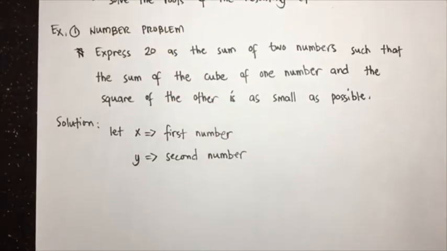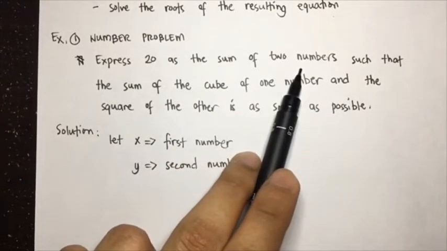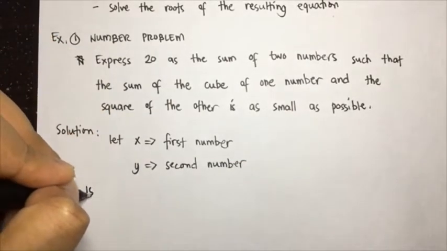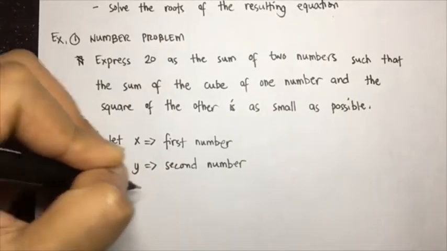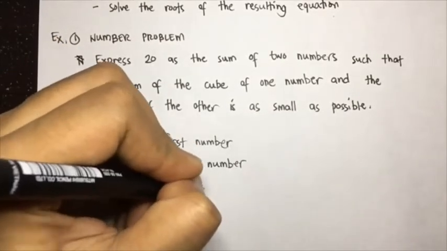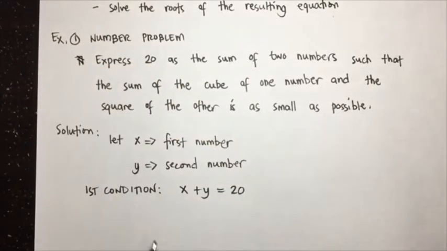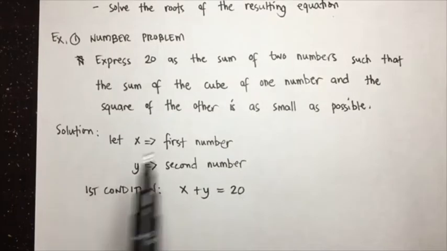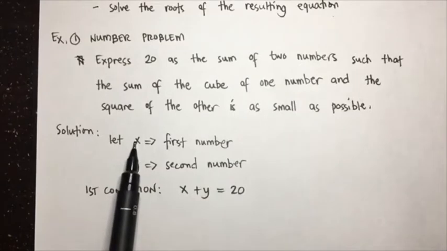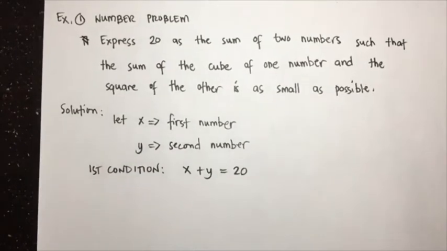The first condition was that 20 is the sum of two numbers. It is said that 20 is the sum of the two numbers, and our two numbers are x and y, so therefore x plus y is equal to 20.